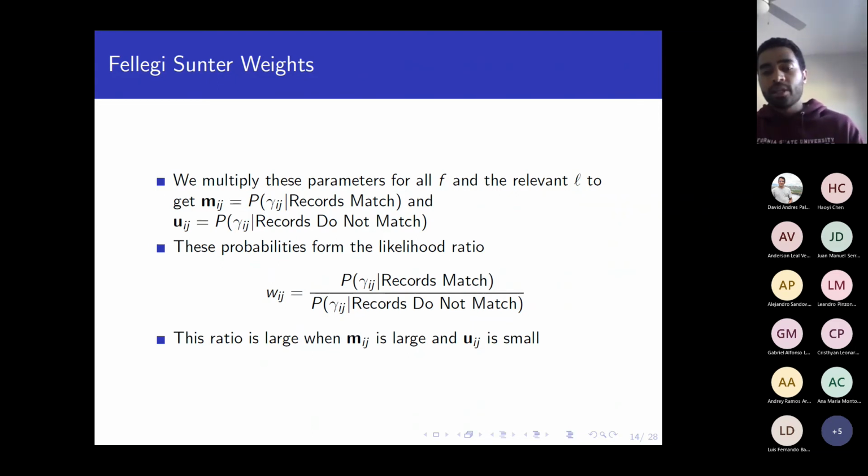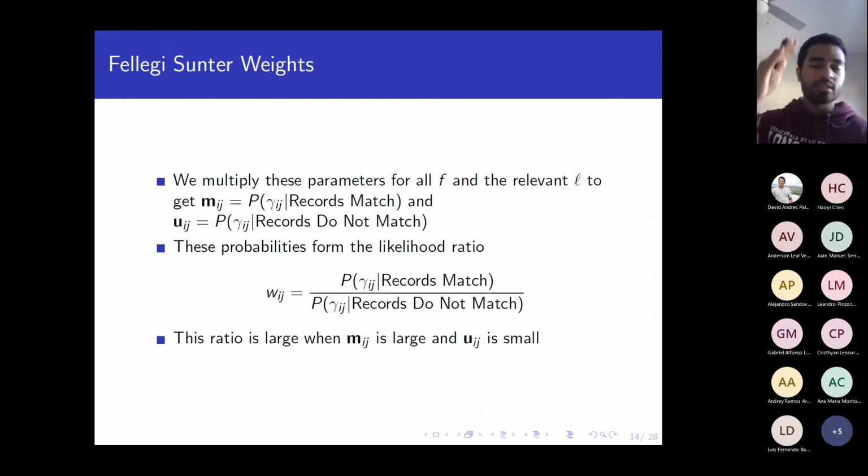And we're going to create this likelihood ratio, Wij, a weight: the probability that they do match over the probability that they don't match. And that ratio is going to power a lot of the record linkage algorithms. And notice in some basic mathematical intuition, this ratio is large when Mij is large. These are all bounded between 0 and 1 because they're probabilities.